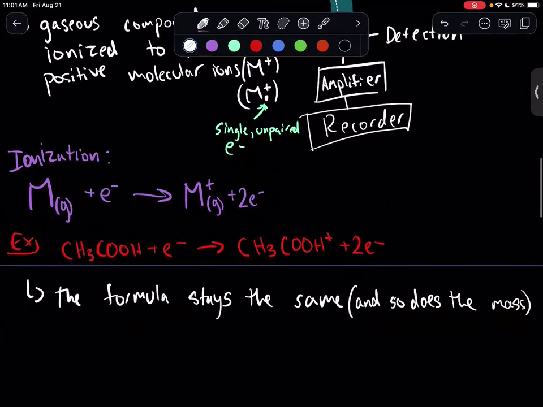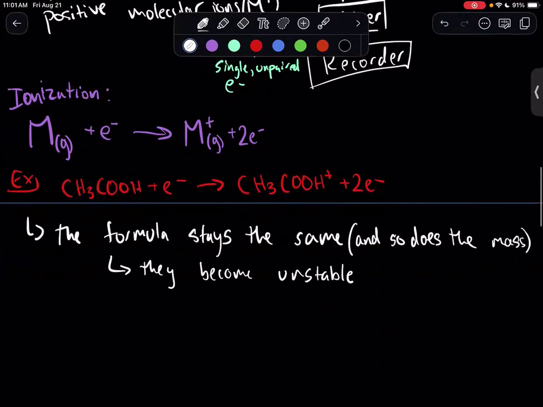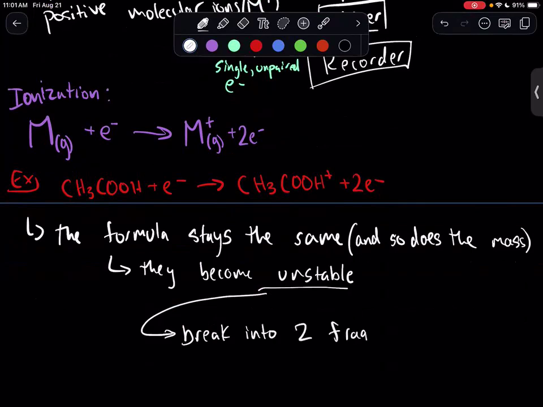And as we learned, these molecules don't want to be positive. They don't want to have that lost electron. That makes them quite unstable. So they become unstable. And due to that, they will actually break into 2 fragments.